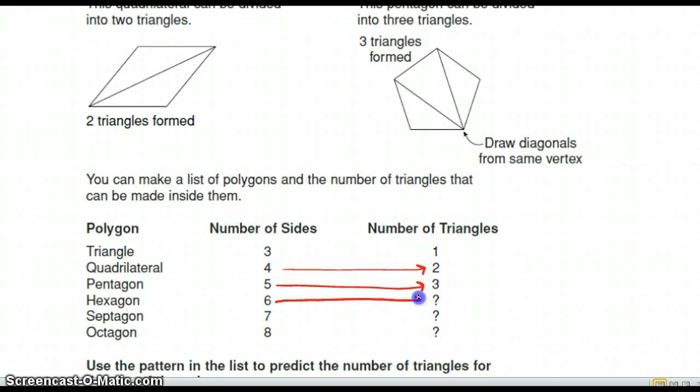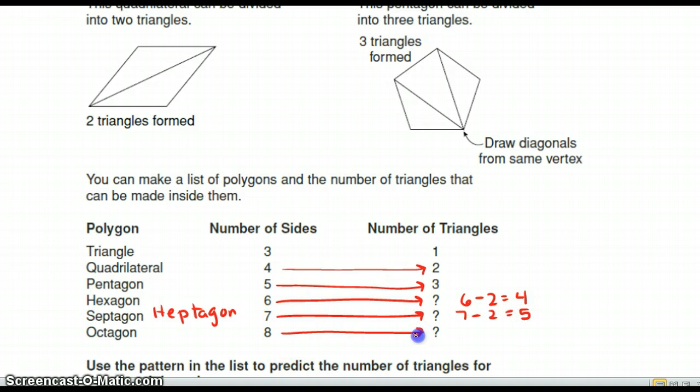A hexagon will form whatever 6 minus 2 is. 4, that's right. A septagon, and we also call this a heptagon. Same thing. Would be 7 minus 2, which would be 5.